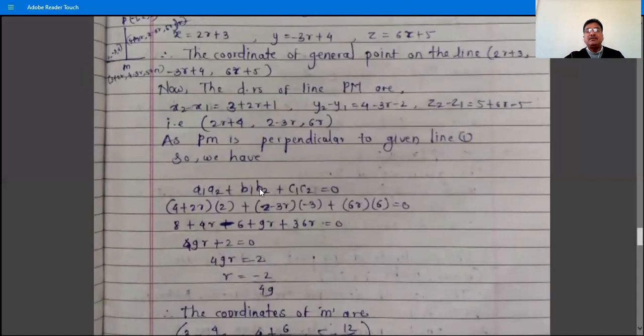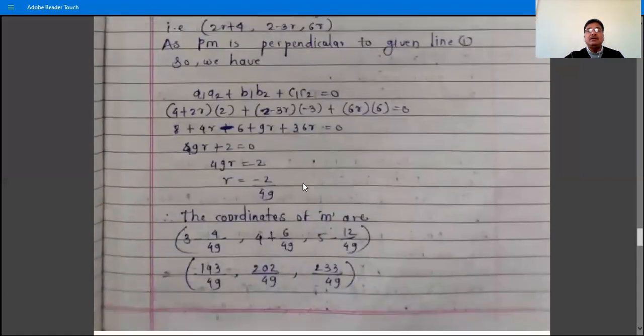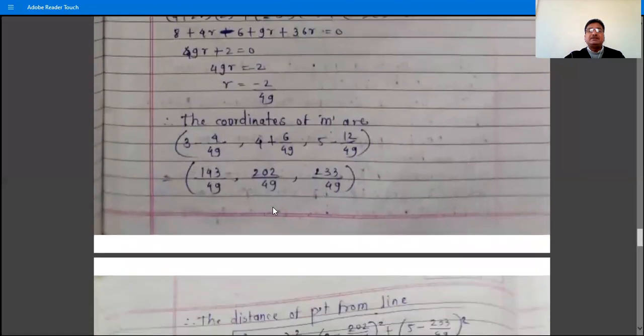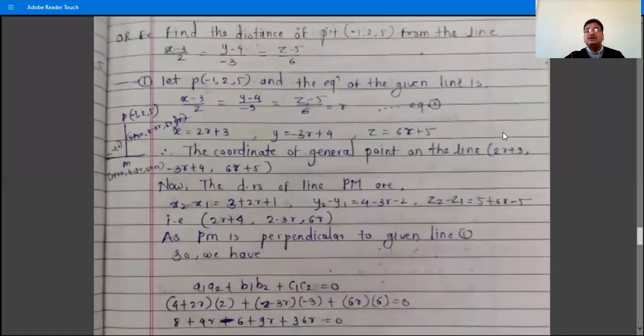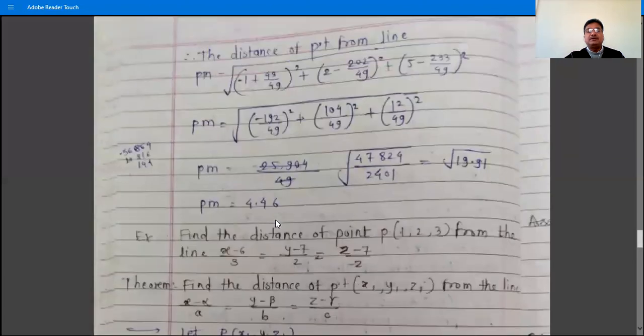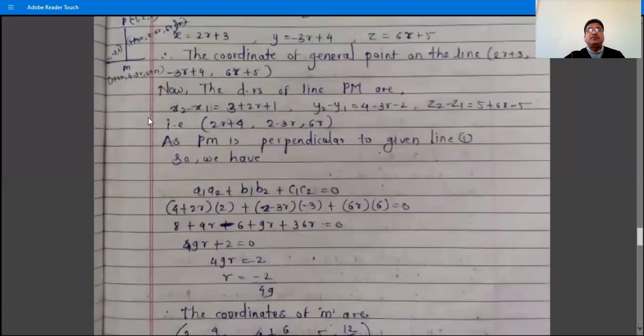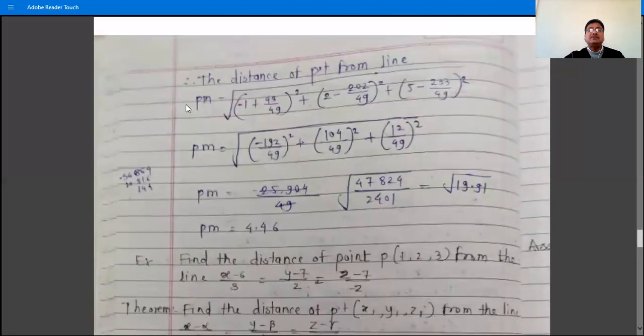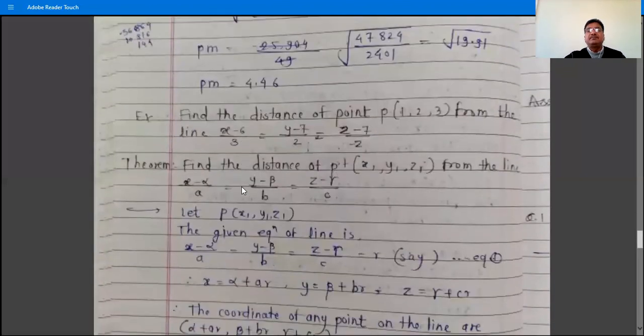Therefore, we have A1 A2 plus B1 B2 plus C1 C2 equal to 0. By using this condition, find the value of R, and by substituting the value of R in the general coordinates, we have the coordinates of the point M, the foot of the perpendicular, and then by the distance formula we have the distance between P and M.